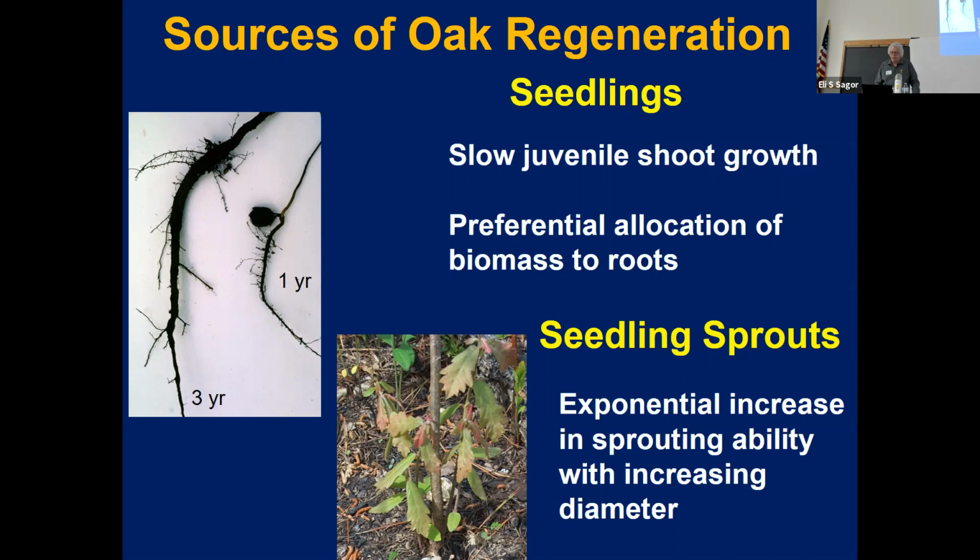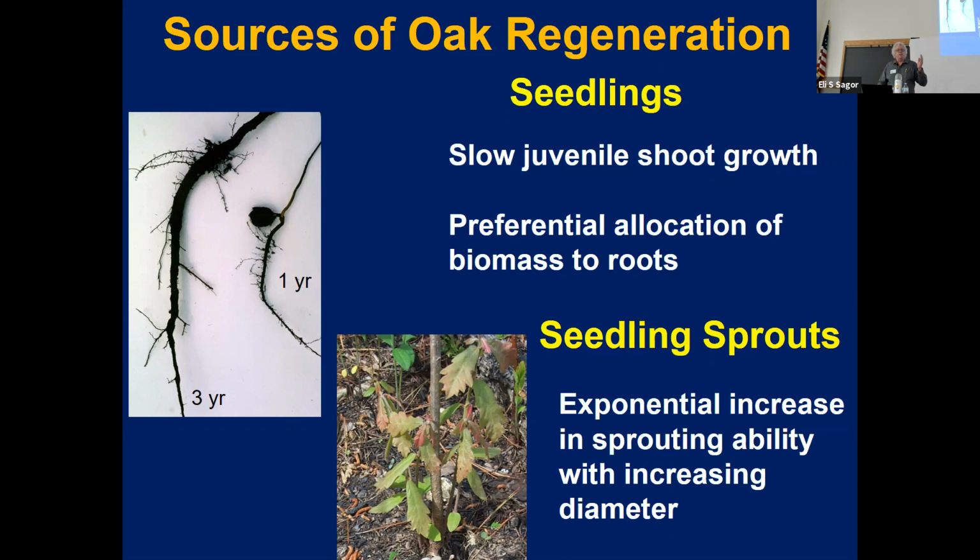I think I'm going to speed up here. There are sources of regeneration: seedlings, seedling sprouts, and stump sprouts. New seedlings are not competitive at all. Seedling sprouts increase quite a bit in their ability to compete. The larger the root system is, the larger the basal stem diameter is, that indicates a large root system.